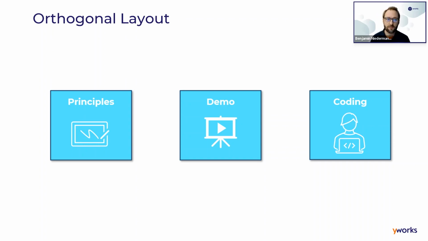Namely, first I present some principles of this orthogonal layout algorithm that are important to know when using it. And then after that, I show a demo that you can also access using your web browser. And then in the final step, I would like to also give a short coding example showing you how to do some basic configuration for a simple example.